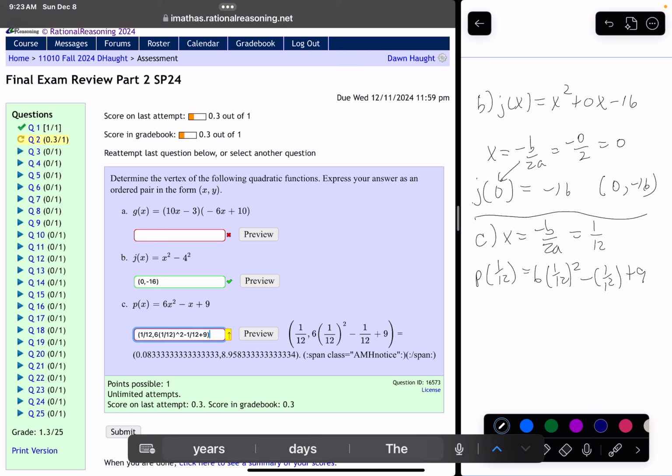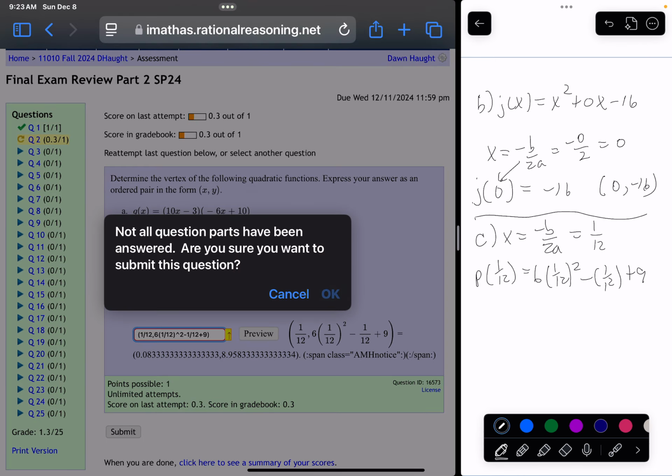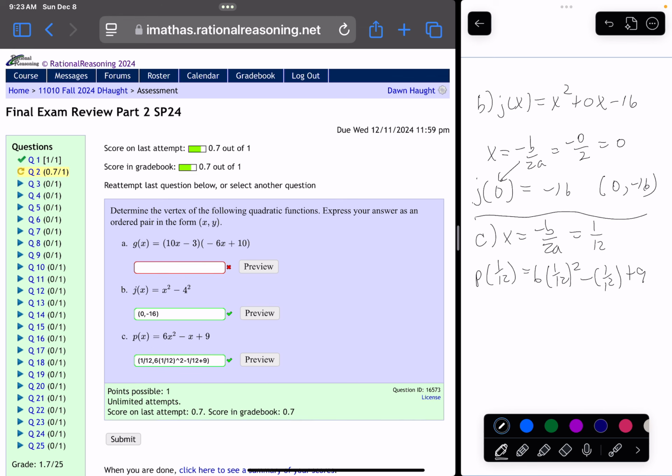It has some weird little things there, but I do see a number in both locations. So let's try it. Perfect.